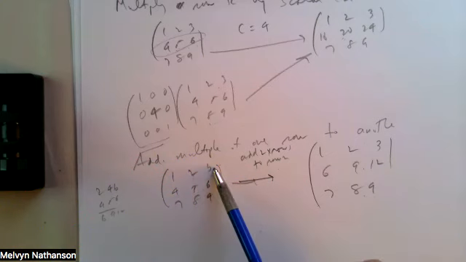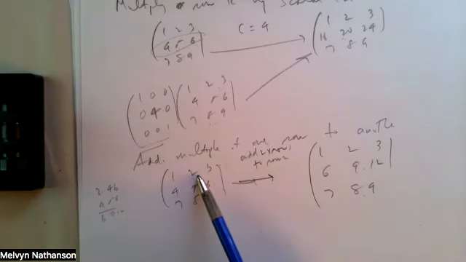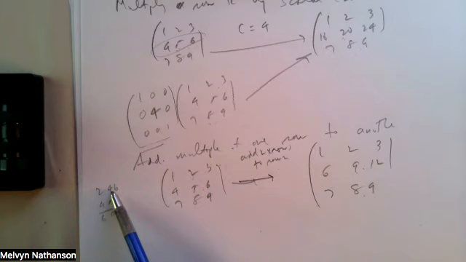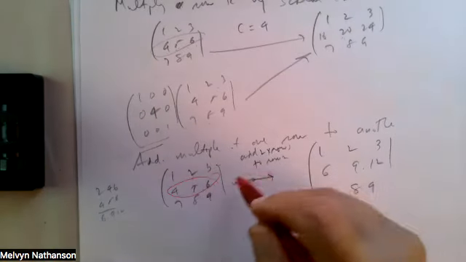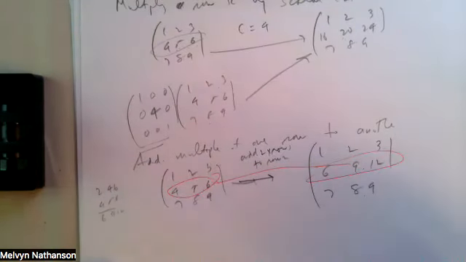The first row is 1, 2, 3. If I multiply that row by 2, I get 2, 4, 6. If I add that to the second row, 4, 5, 6, I get 6, 9, 12. So the only change is the second row: 4, 5, 6 became 6, 9, 12.